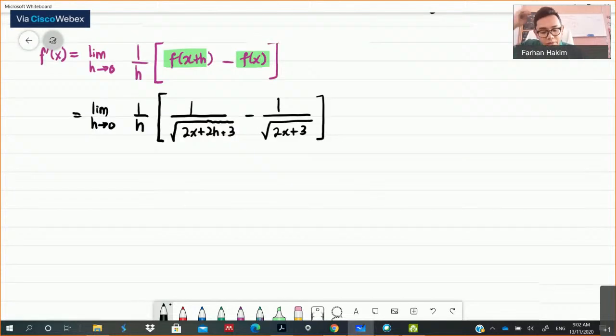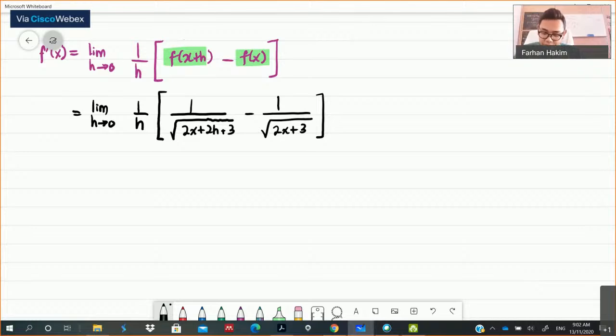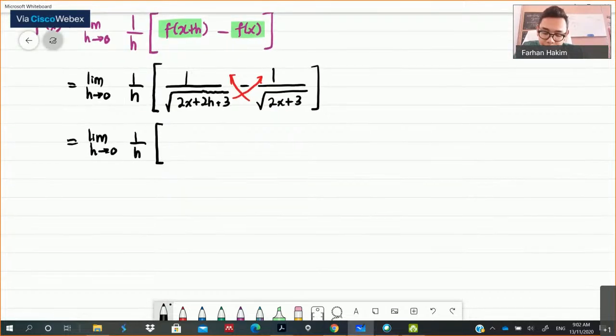So now we are going to do the cross multiplication here, right? So we try to cross multiply. I'll have something like the limit as h approaches 0 of 1 over h, times the square root of 2x plus 3 minus the square root of 2x plus 2h plus 3.